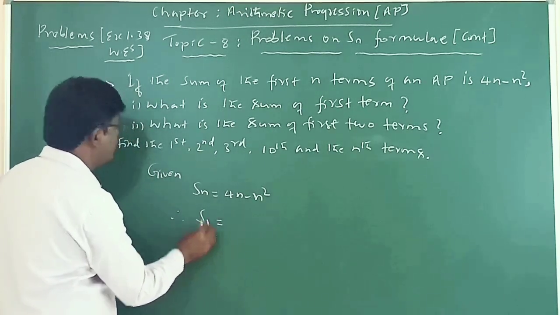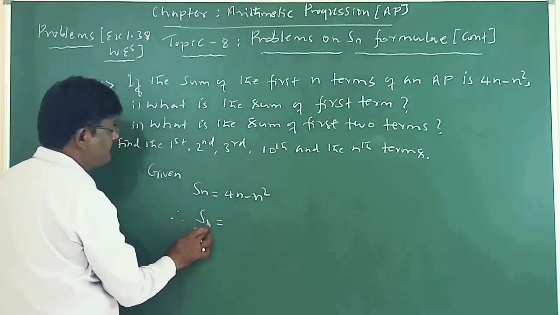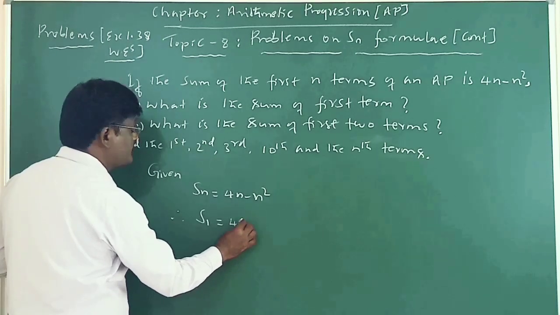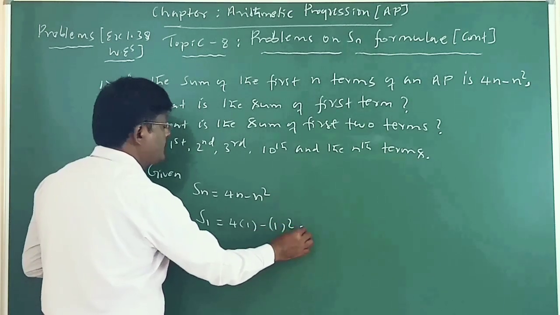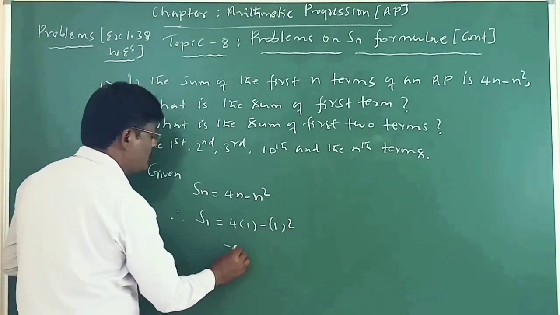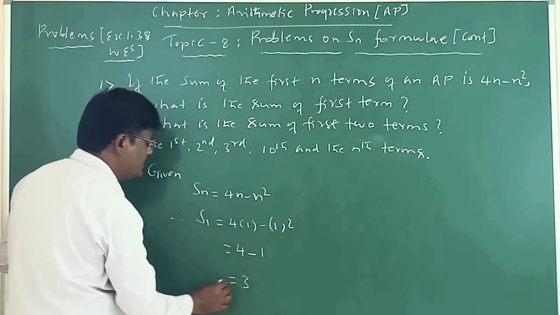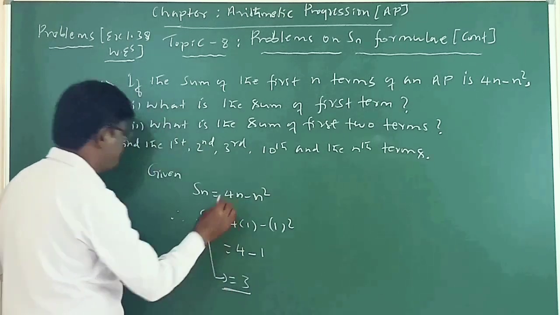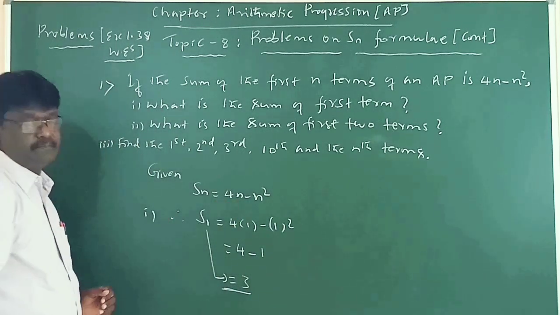Then in place of n, let us substitute 1: 4 minus 1 squared equals 4 minus 1 equals 3. So this is the sum of the first term. Okay, so this is sum number 1.